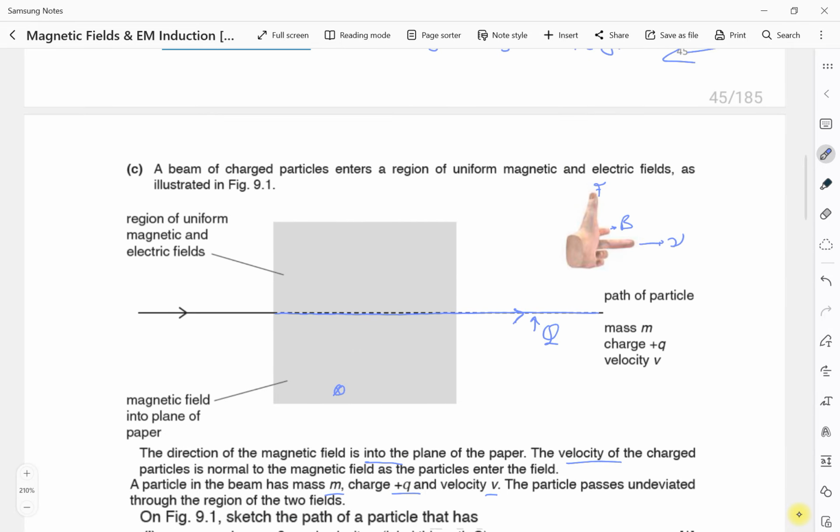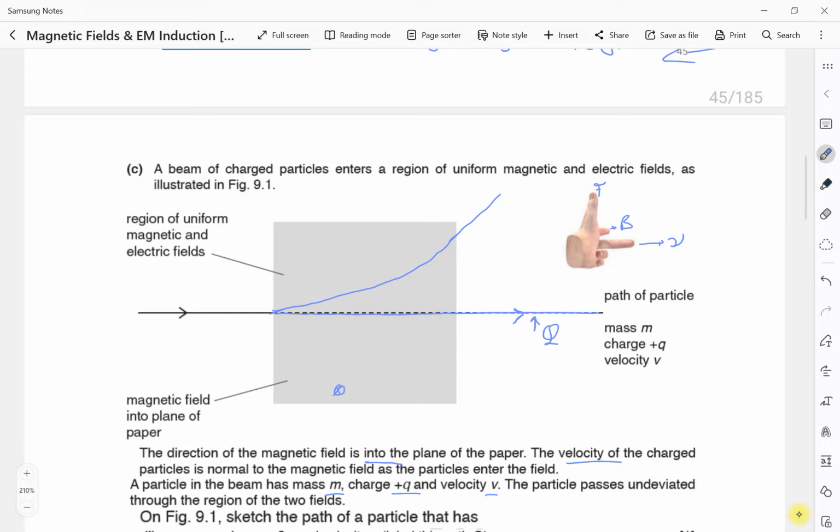The resultant force is vertically upwards. Therefore, the particle will be deviated upwards, so it will follow this path. The particle will follow that path, but remember, when it emerges, it just continues in a straight line. When it emerges, I'll just put a tangent here.